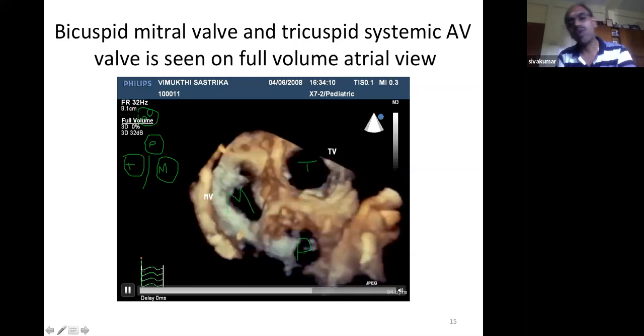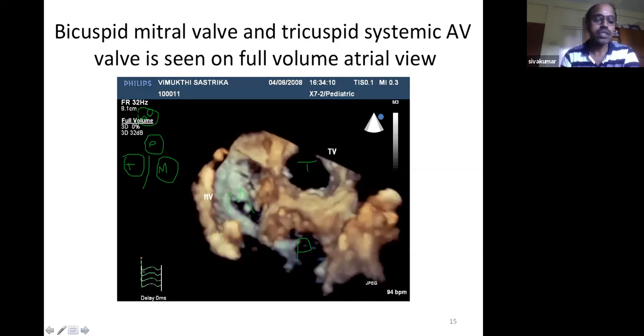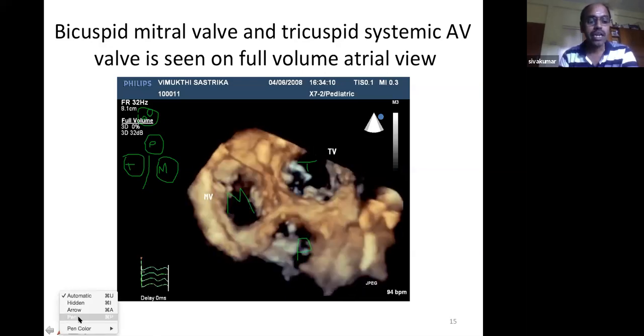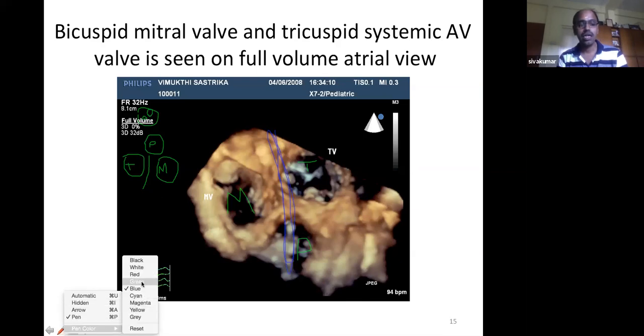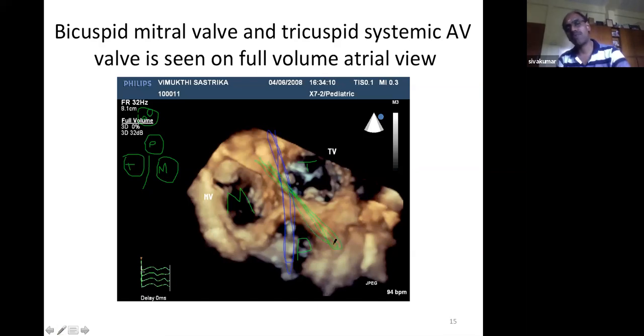But what I wanted to show here, again, if I have to use the pen: this is the plane of the atrial septum, and this is the plane of the ventricular septum.